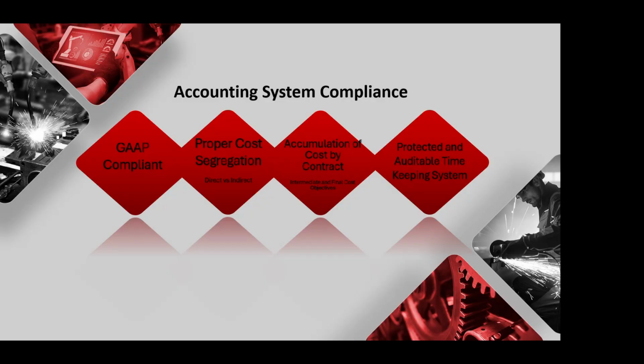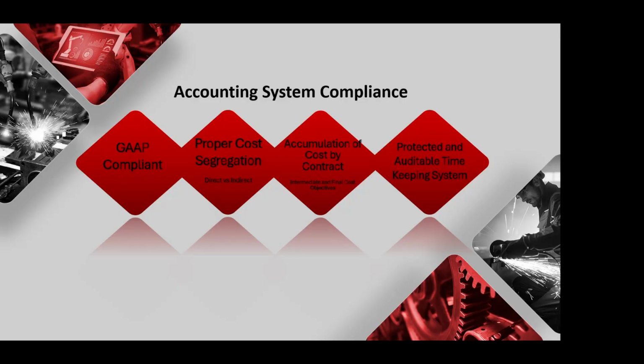We must also comply with a protected and auditable timekeeping system, both from the shop floor and from any office users, such as designers and engineers working in the execution of these contracts. From a high level, these are some of the checklist items that our application meets.